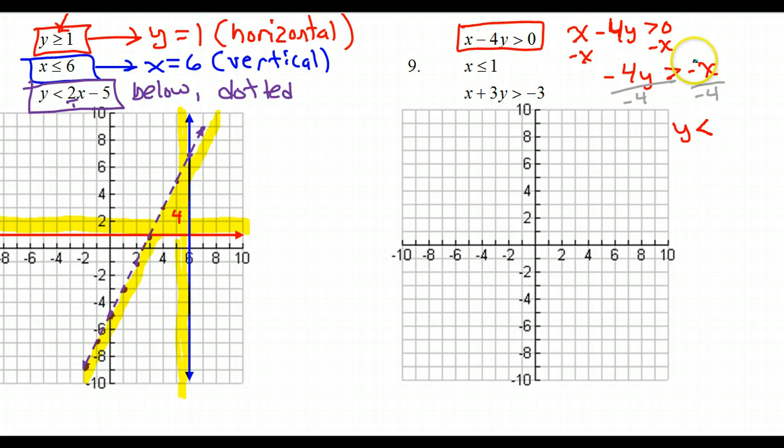Now, this is like there's an invisible 1 here. So this is going to be 1/4 x. Notice the negatives cancel out. Alright, there's no visible y-intercept. That means you start at 0. And you go up 1, right 4. Whoops, miscounted.